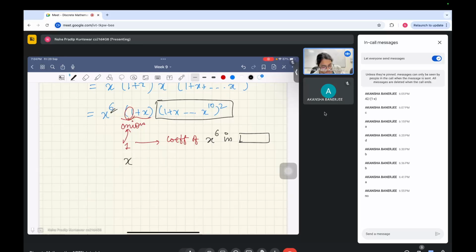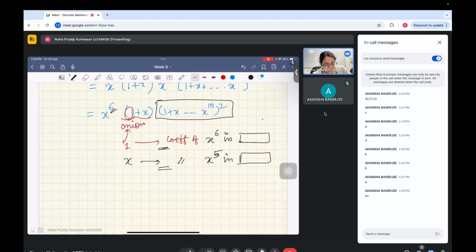And if you choose x, then you are looking for the coefficient of x to the 5 in this box. And I'll just sum up whatever is the answer for this and whatever is the answer for this. I'll just sum up the coefficients.